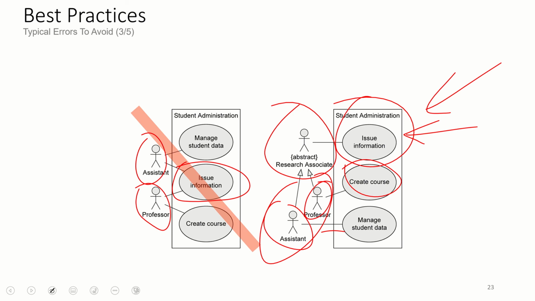We can tell the difference between the actors and the shared use case for both of them. But the other way is not easy, especially when you have a large number of use cases.